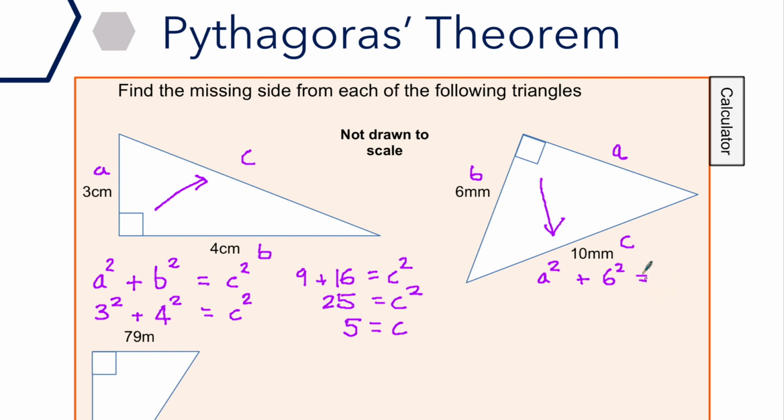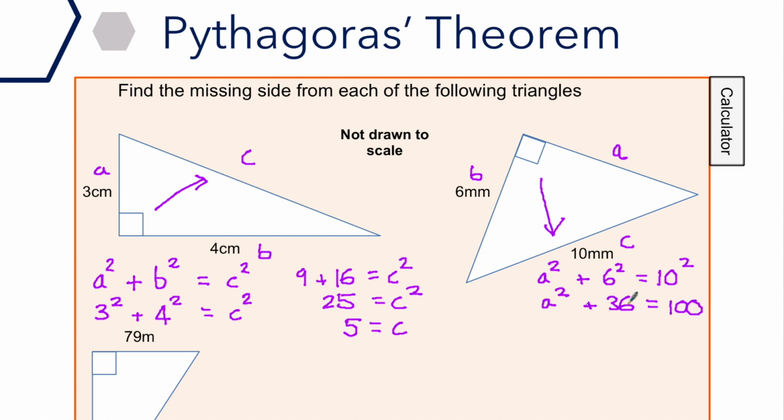And then that is equal to C squared, well my C is 10. So we sub that in. Then we can simplify it a little bit. So A we don't know, so we leave that, but 6 squared is 36. Ten squared is 100.